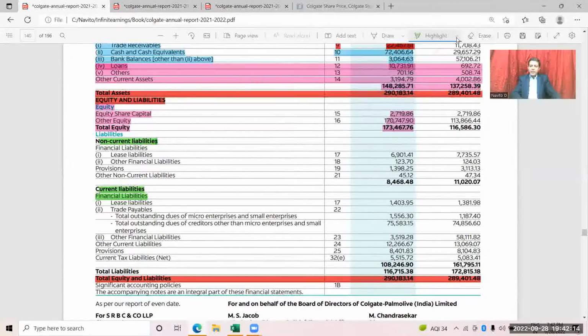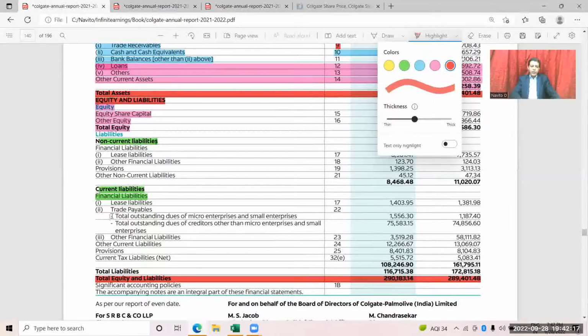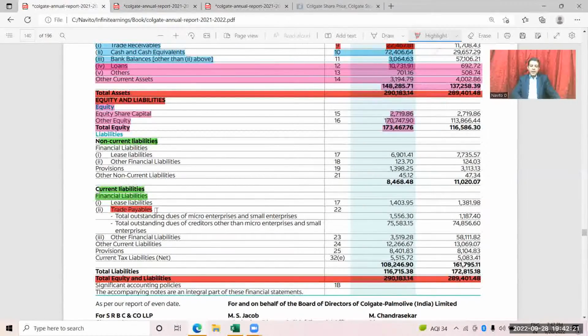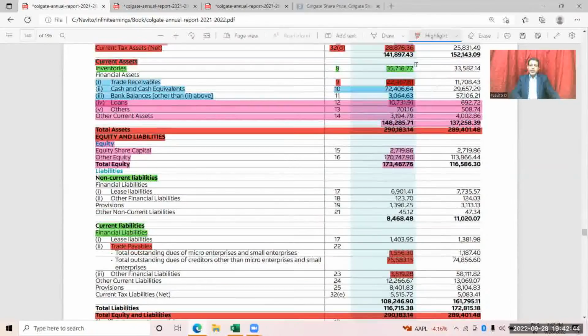But one particular item which we need to definitely look into is trade payables. Trade payables is what the company is expected to pay back to its suppliers. If you see this amount, it's quite huge: 75, then 1556, and then another amount 3519.28. Trade receivables was only 22,467, but trade payables is close to around 80,000, almost 3 to 4 times of trade receivables.